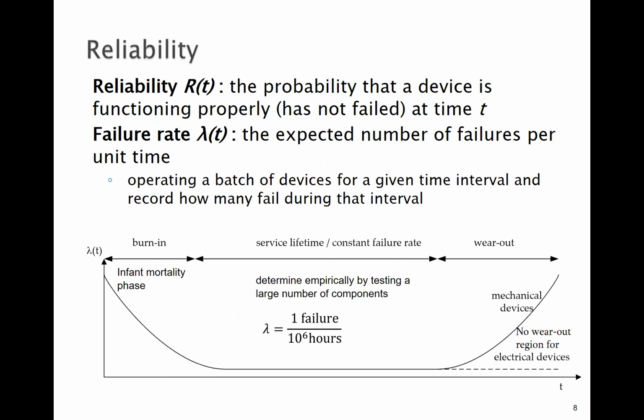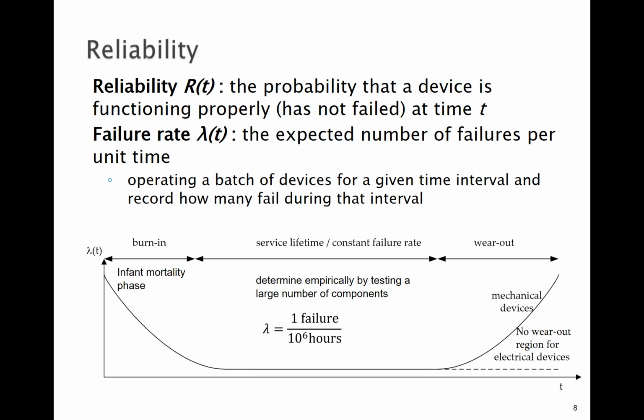Okay, now let's come to reliability. Reliability is simply the probability that a device is functioning properly at time t, so it has not failed. To understand reliability, we have to take a closer look into the failure, and we define the failure rate.